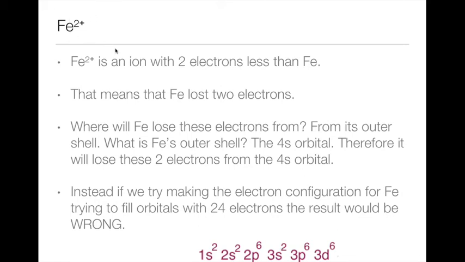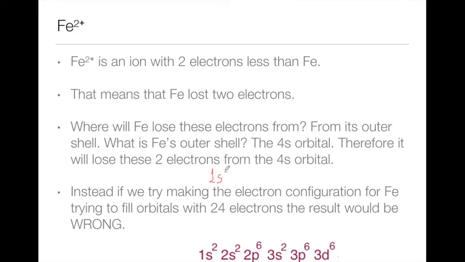But if you try making the electron configuration for the iron, trying to put 24 electrons, you know what would be the result? Let me write it down quickly.